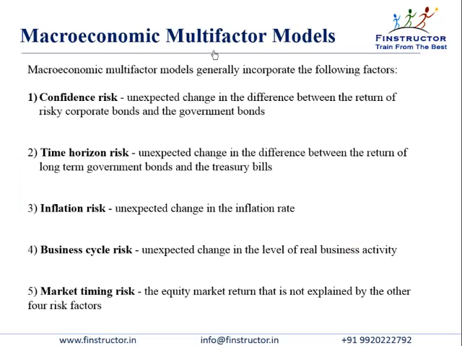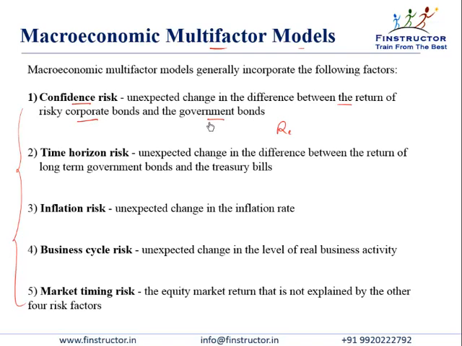The next category of multi-factor models is the macroeconomic multi-factor models. So macroeconomic multi-factor models say that equities deserve a risk premium, or the required return needs to be higher for all the risks that the investor is taking. So investor assumes a confidence risk, that is the unexpected change in the difference between the return on risky corporate bonds and government bonds.